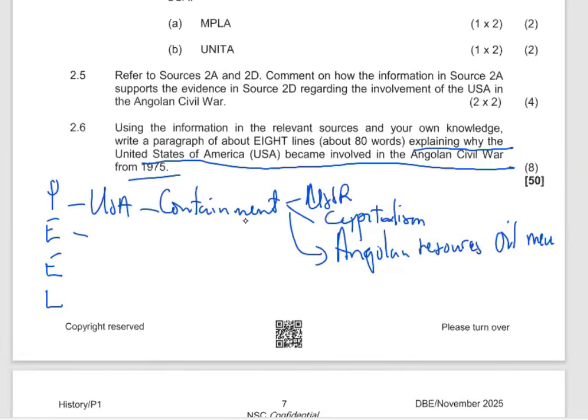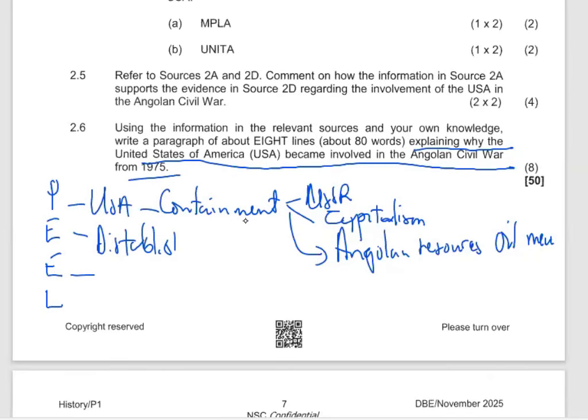Then you explain, giving further details. Why was America blocking through containment theory? They feared that communism would destabilize the region. So they wanted to stop the spread of communism, and also to further their interests of capitalism. At the same time, they wanted to benefit from the resources of Angola.